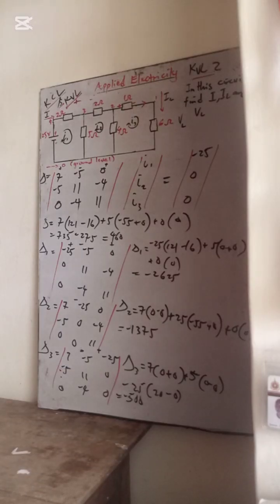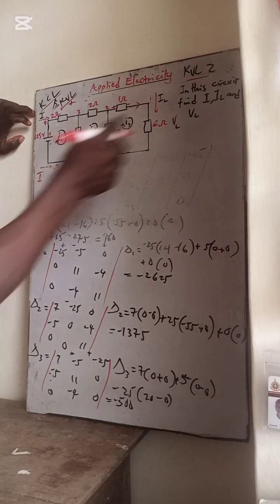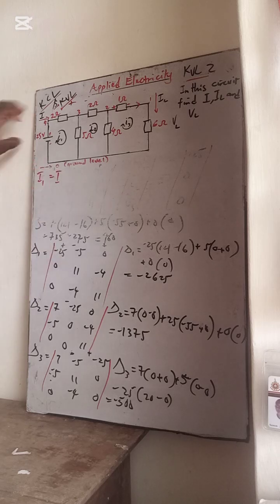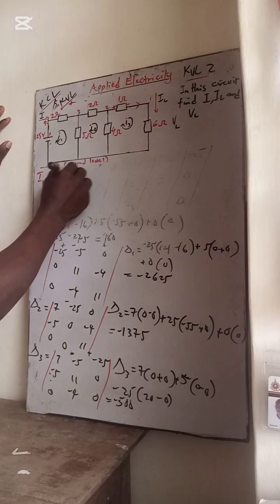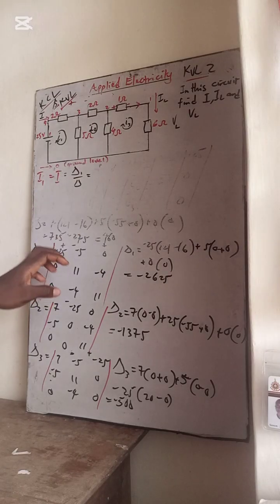So we can see now, let me clean up so that we can solve for our voltage and current that we are asked to look for. Let me draw our I here, which is going to be our normal I. The I that we're looking for is our I1, and that will be delta 1 over delta. So what's delta 1?